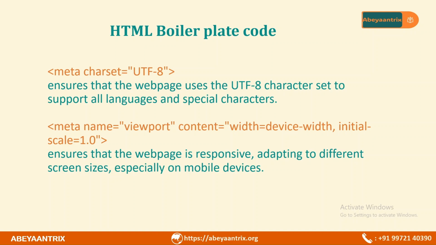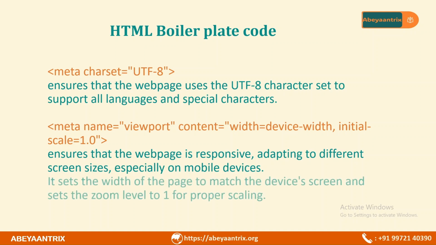For different screen sizes it allocates differently. So for this adaptability we are using meta name equals viewport, especially on mobile devices, so it looks good. This is the meta tag we are using in the boilerplate. It sets the width of the page to match the device screen size, and sets a zoom level of 1 for proper scaling.